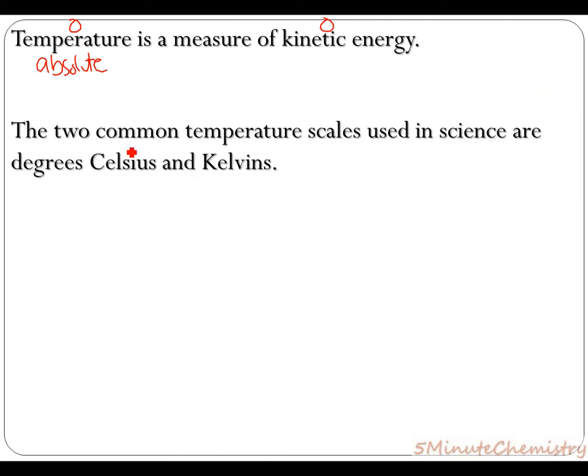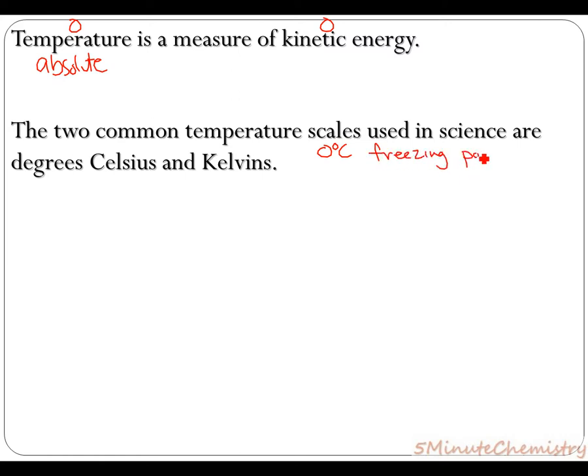So the two common scales that we use in science are degrees Celsius and kelvins. Degrees Celsius is a very common scale, and there are two very important points on the Celsius scale. Celsius is based upon behaviors of water. At 0 degrees Celsius, this is the standard freezing point of water.